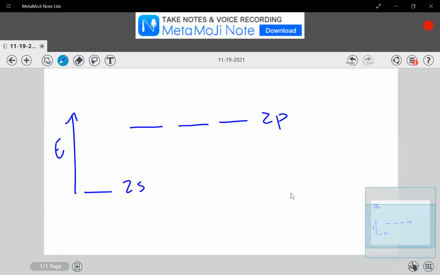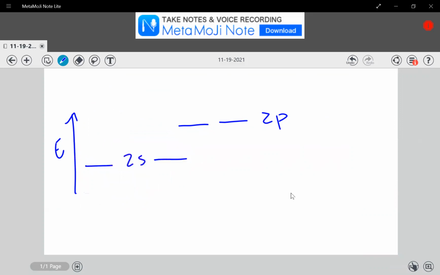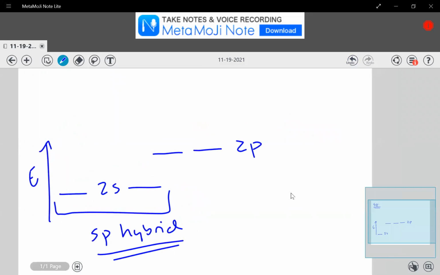Basically, this time, only one of the levels is going to go down. So this one's going to go down, meet in the middle. This one's going to go up, meet in the middle. And wow, sp hybrid right there with 2 degenerate energy levels. Very cool.